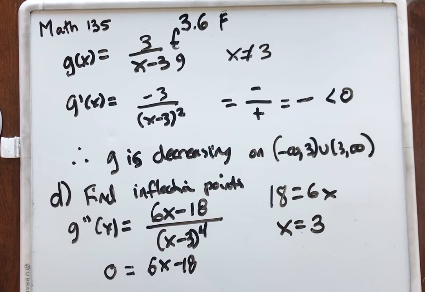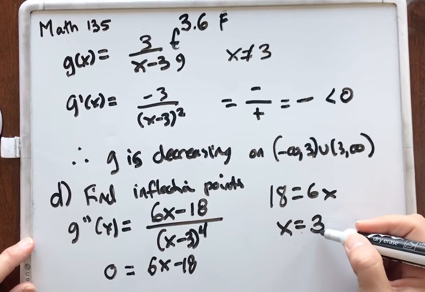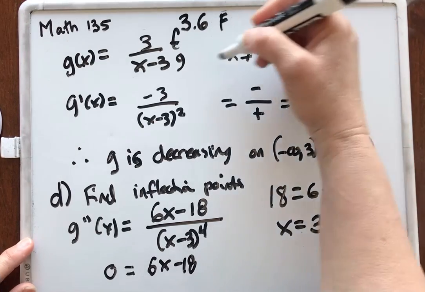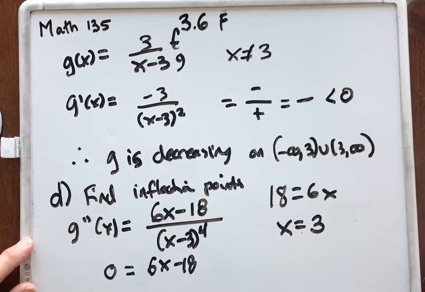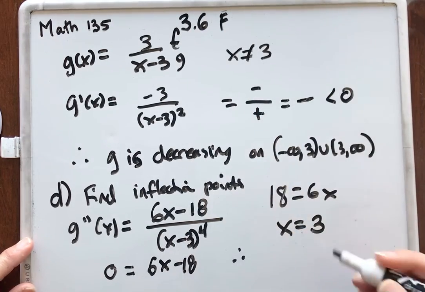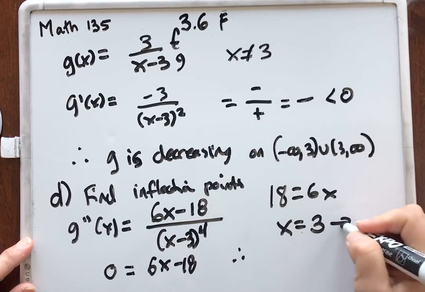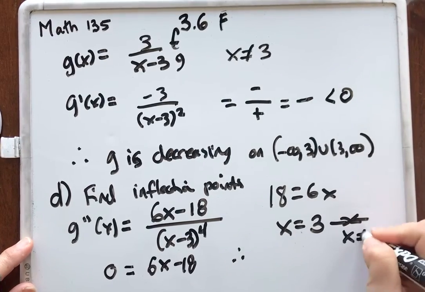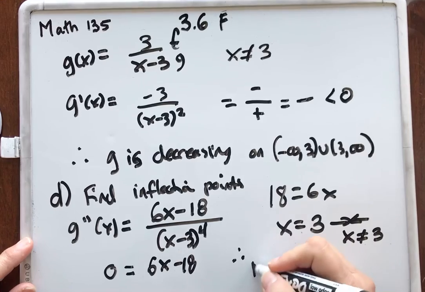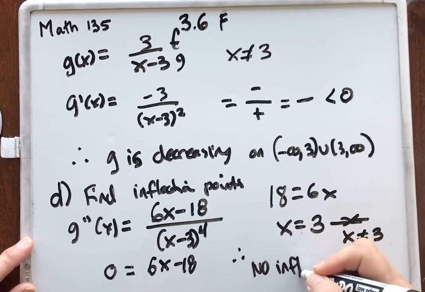Okay, but we have a problem here. x equals 3 is the inflection point candidate, but x cannot equal 3. Can you see that? x cannot equal 3. So we say, therefore, conflict, x cannot equal 3, therefore, no inflection point.